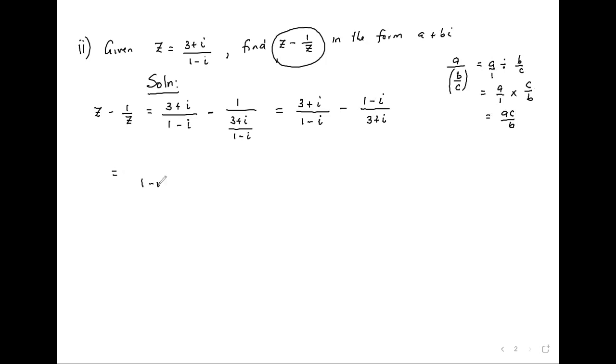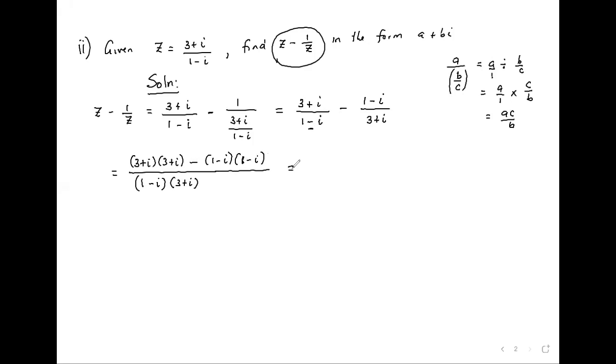So 1 minus I is being multiplied by 3 plus I. And then when you do that, we have 3 plus I multiplied by, when you divide this into the denominator, you get 3 plus I. Minus, you have 1 minus I. And then 3 into this, you get 1 minus I.